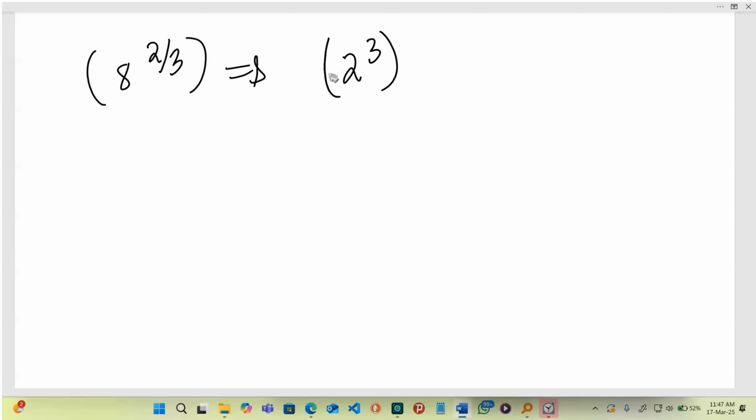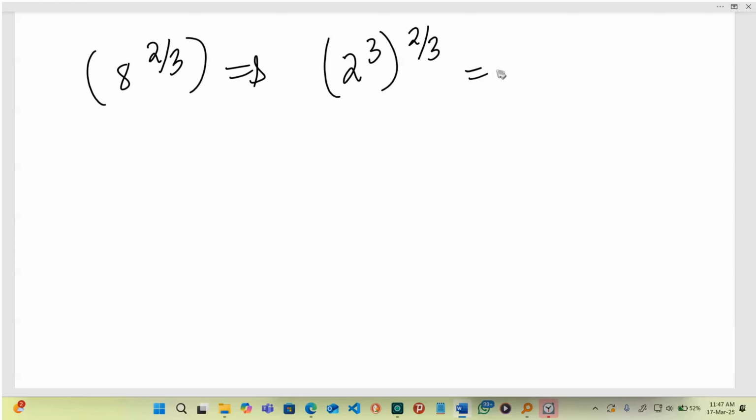If you also had 8 to power 2 out of 3, what would this equal? First of all, 8 is equal to 2 to power 3, so we are raising it to a power of 2 out of 3.